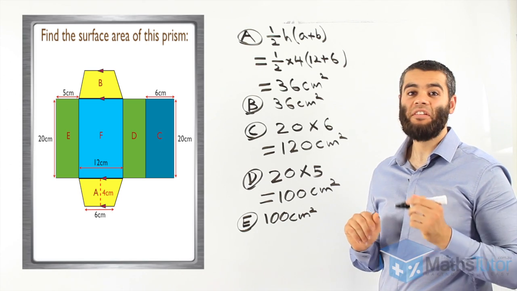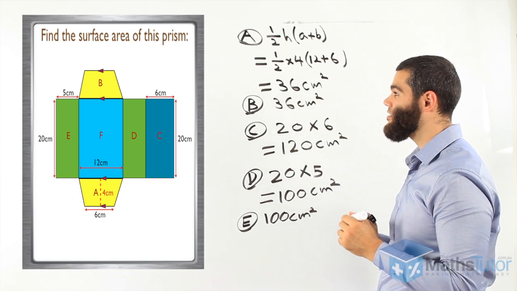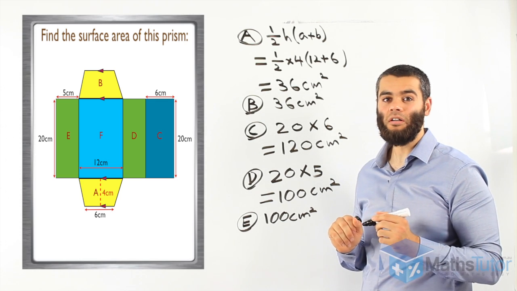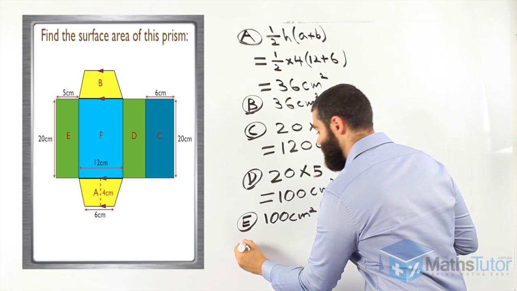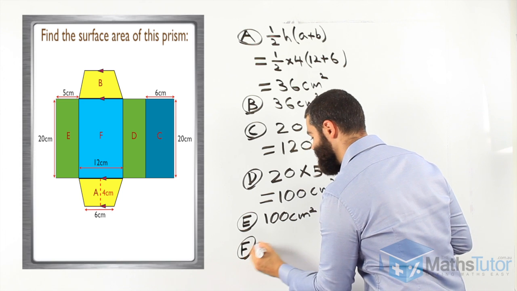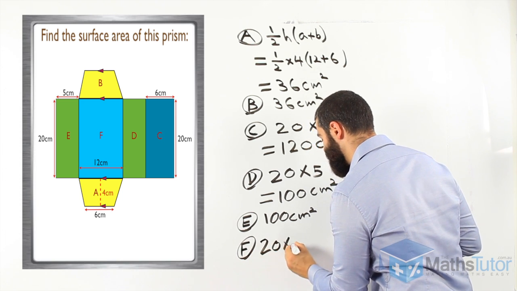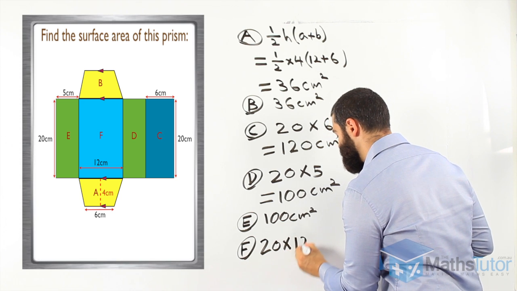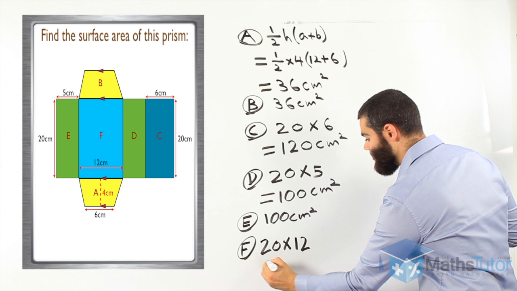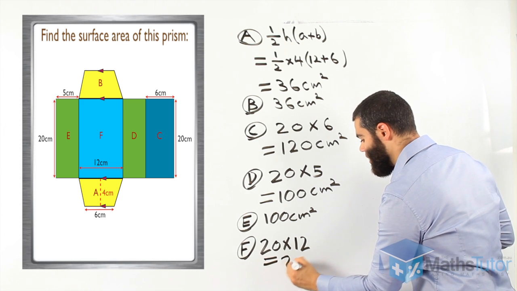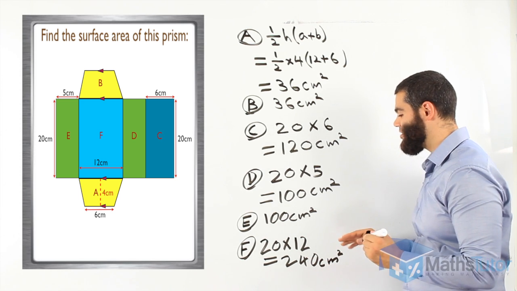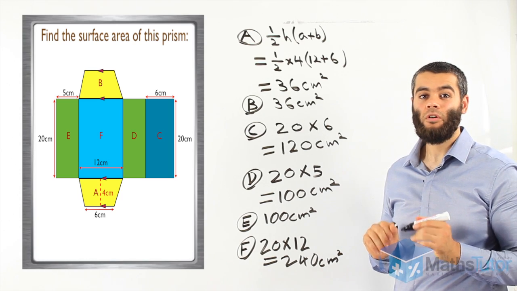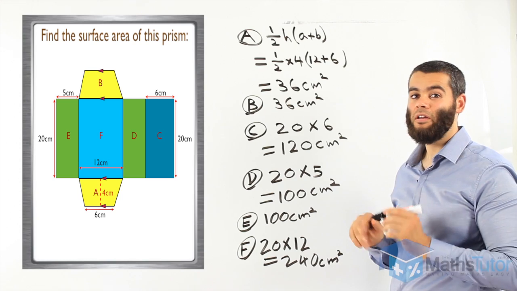And we have F, it's the base. F is the base, it is 20 centimeters long and 12 centimeters wide. So F is our last one, 20 times 12. And our answer is 240 square centimeters for face F. Now what do we do? Remember, we've got to add them all up. Let's do it.